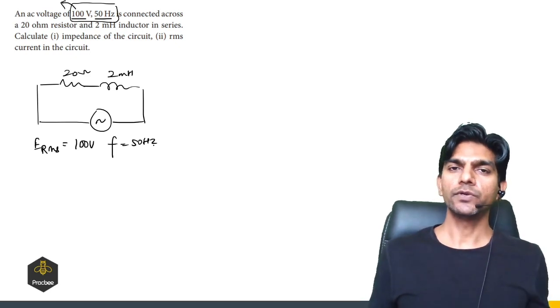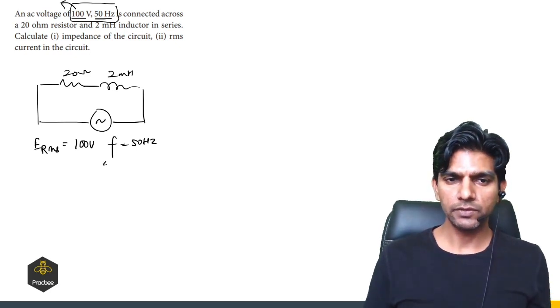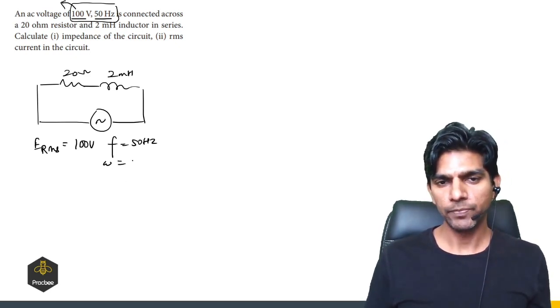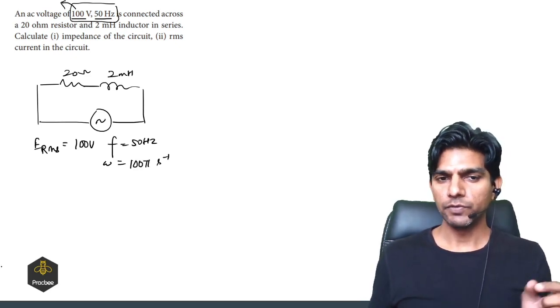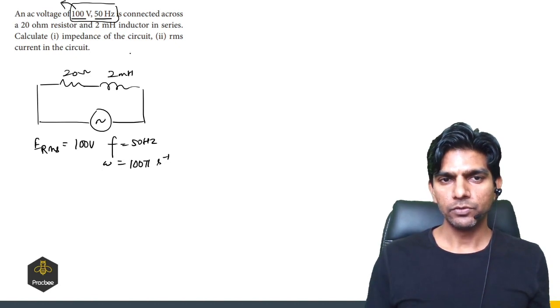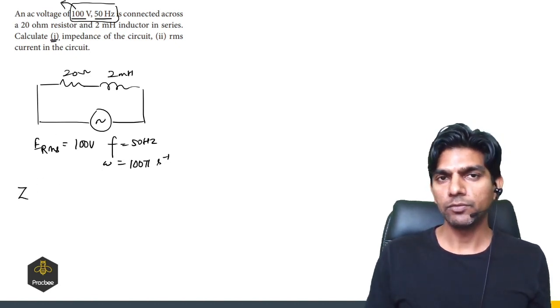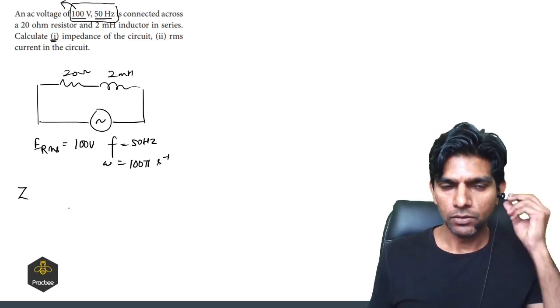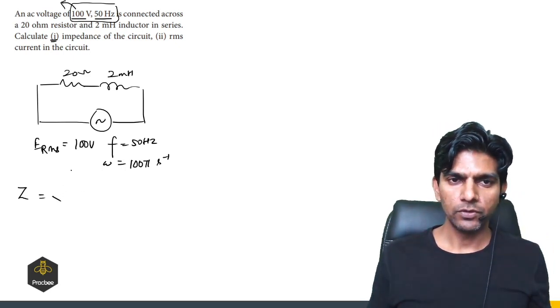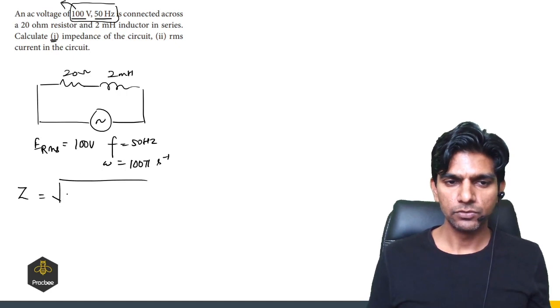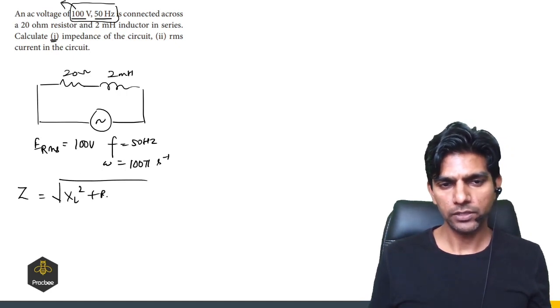If you want to convert frequency into angular frequency, we have to multiply it by 2 pi. So that will become 100 pi per second. So now we know omega, right? We know the inductance. In the first part, we have to calculate the impedance. Impedance for an LR circuit is given as root of XL square plus R square.